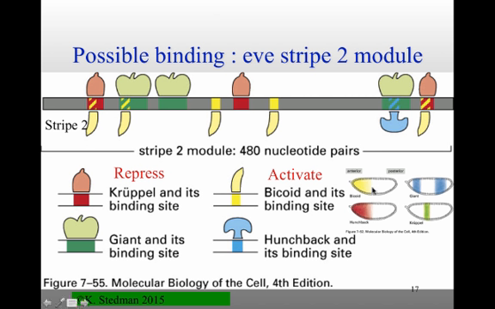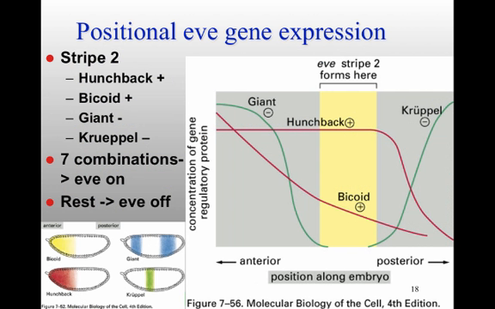But what's going on here in stripe 2, where even skipped is normally being expressed? What happens is, it turns out that this region of the embryo, right here, is where you have no giant being expressed. And that's here.